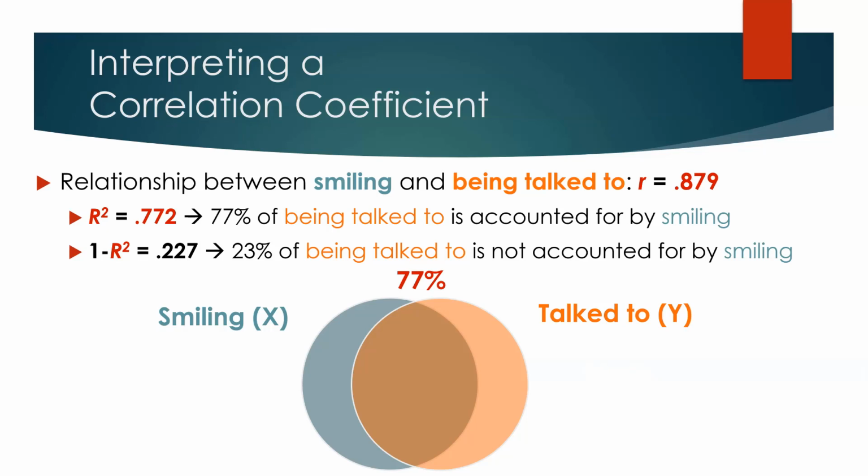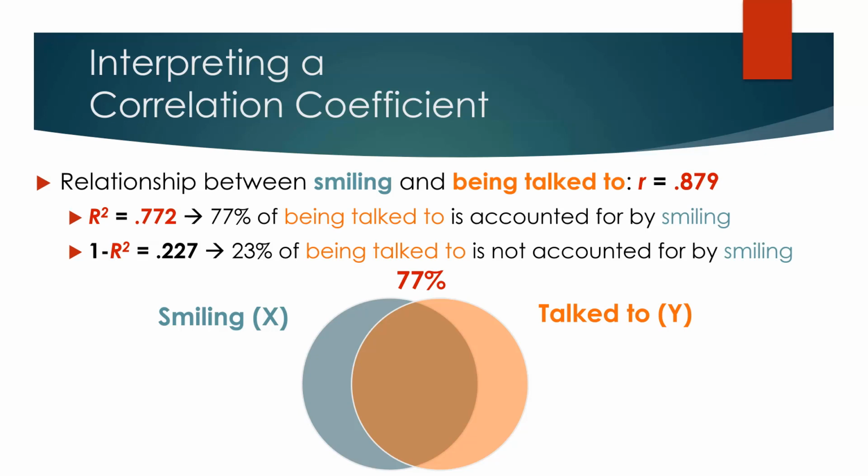And 23% of being top 2 is not accounted for by smiling. So if we were to ask how strong is this relationship between smiling and being top 2, it's about 77% strength. 77% of their variances overlap, which is quite a large amount. That's 3/4 of their variances overlapping, compared to 23% of their variances not overlapping.